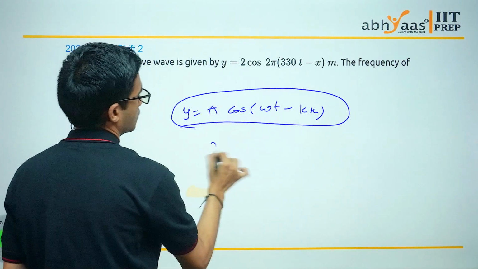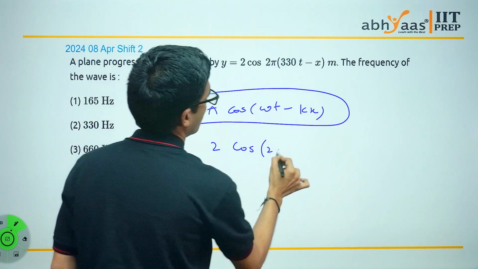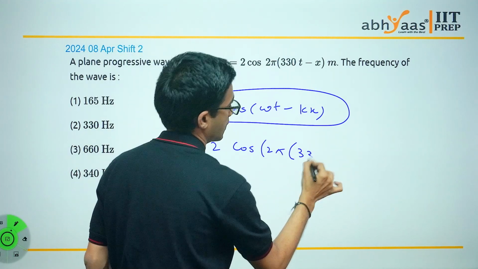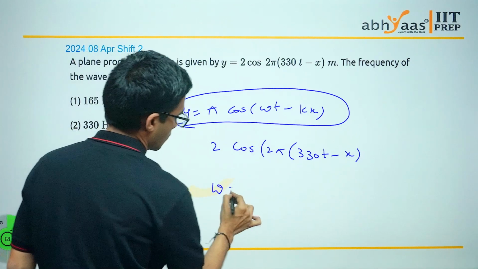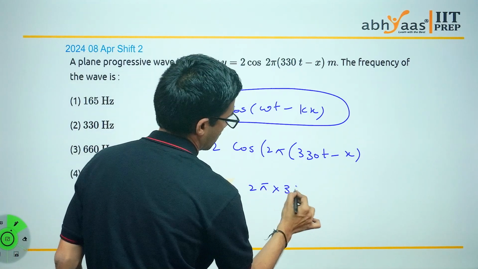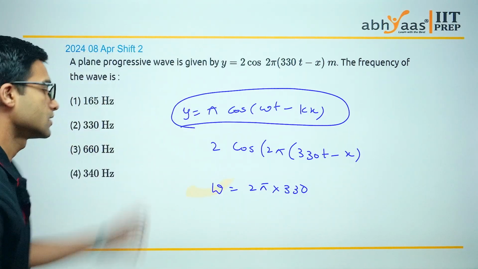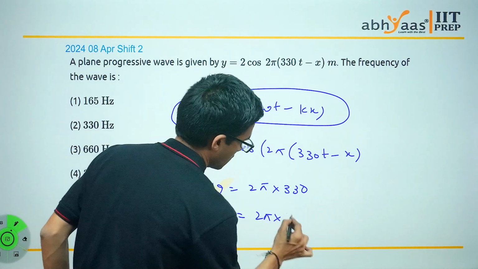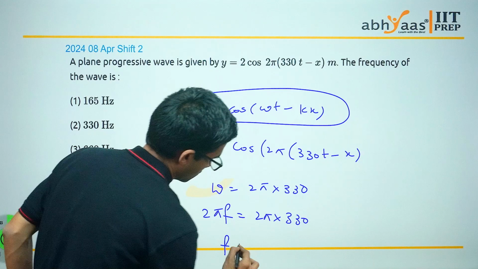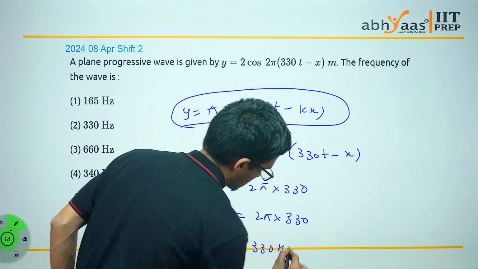If you compare with 2 pi into 330t minus x, then omega equals 2 pi into 330. But what is asked is frequency. If you change this into 2 pi f equal to 2 pi into 330, then frequency is equal to 330 Hz.